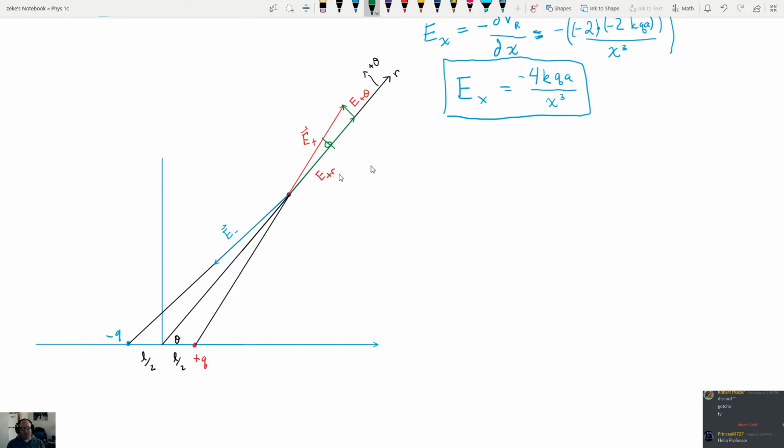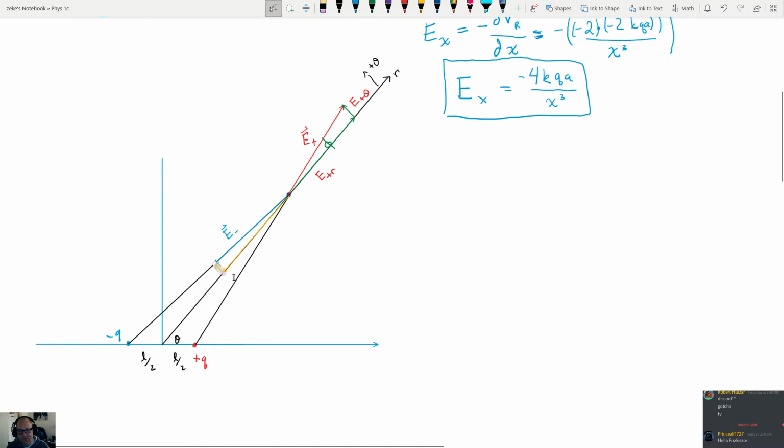Okay, on the other side we got to do the same thing. So let's use yellow, I guess. So for the negative charged electric field, we're going to have a component that goes back like that. And then we're going to have a component that goes perpendicular to it, like this.